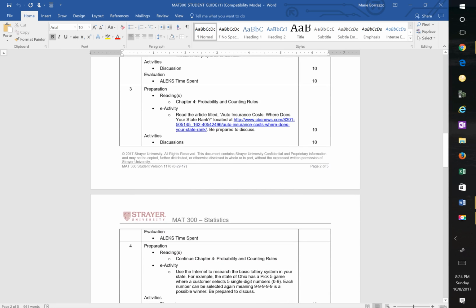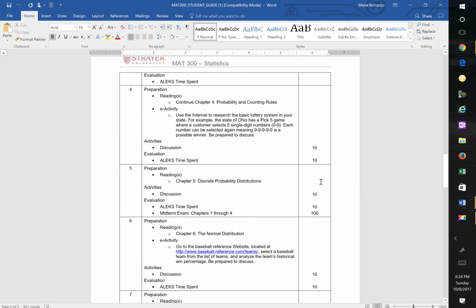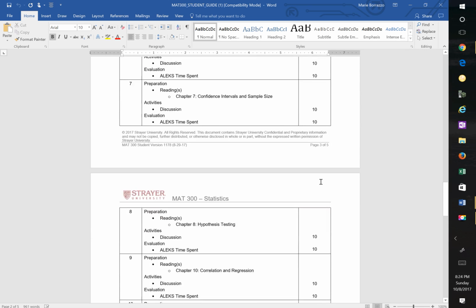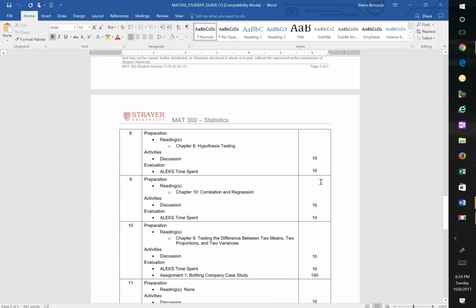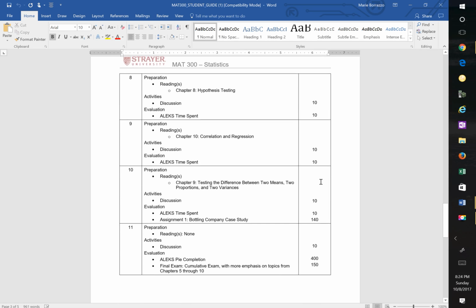The reasoning why you want to work ahead, not behind or on par, is because as you progress, when we get to hypothesis testing, correlation and regression, when we get to proportion testing, whether one sample or two sample, you're going to run into a snag in terms of time. And I don't want that to happen to you. I will give you tons of tools though, and it is a lot of information to take in. I believe that the earlier chapters are far easier to understand than the later chapters for most students.